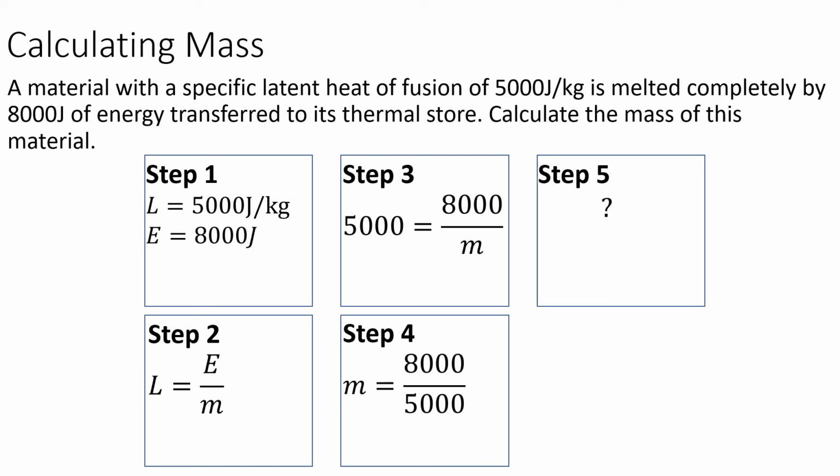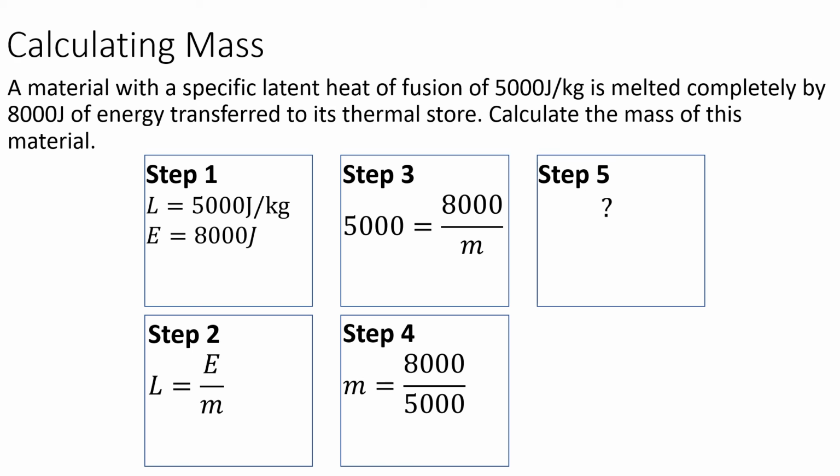A material with a specific latent heat of fusion of 5,000 joules per kilogram is melted completely by 8,000 joules of energy. This time, again, we write down what we know. Then we write down the equation. We substitute in the numbers. Then we make m the subject of the formula. And then finally, step 5, write down the answer with correct units.